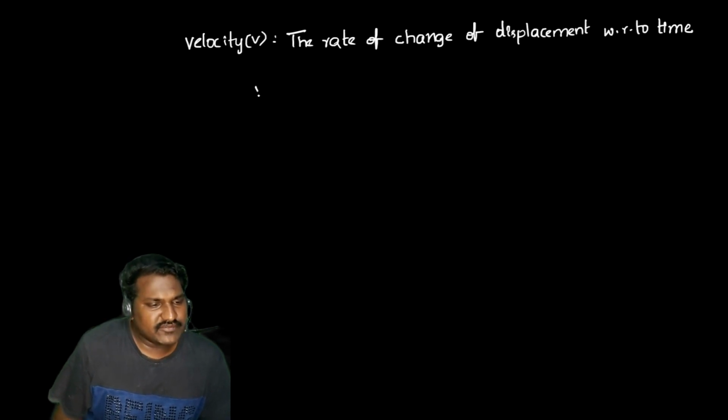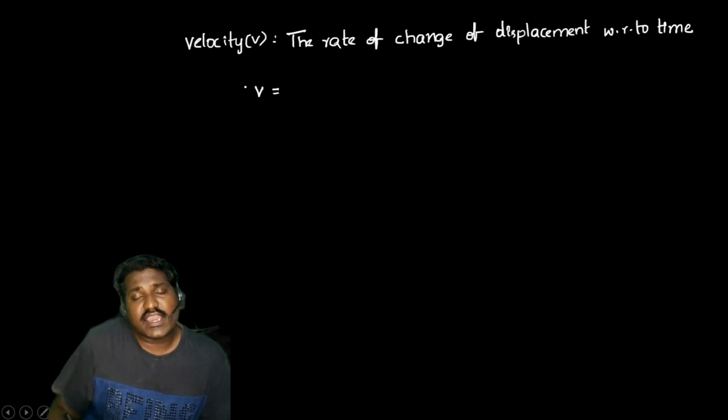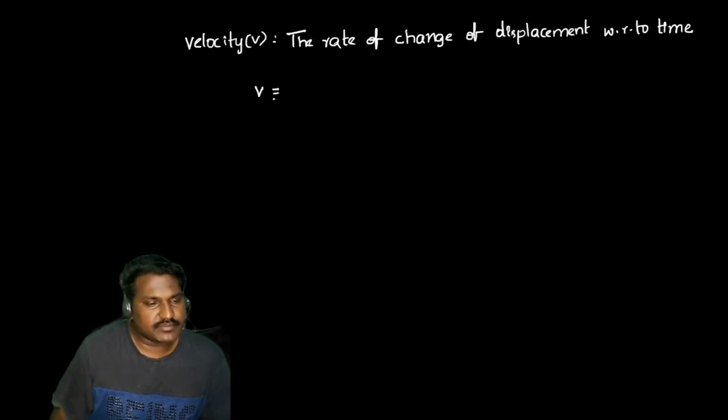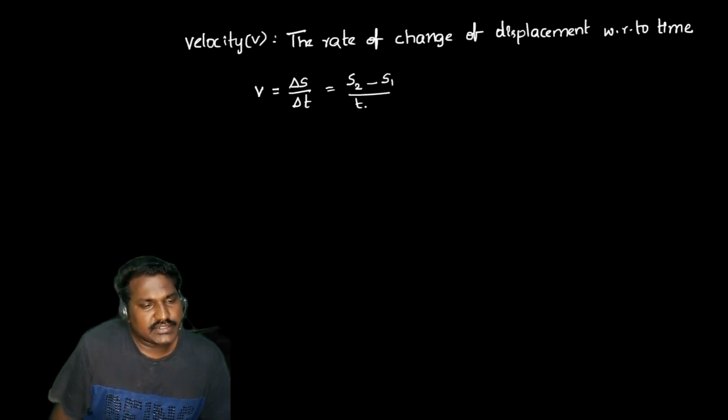So velocity v is equal to the rate of change of displacement, that means the change in displacement over a period of time. We denote it by delta s by delta t, that means final displacement minus initial displacement by final time minus initial time.